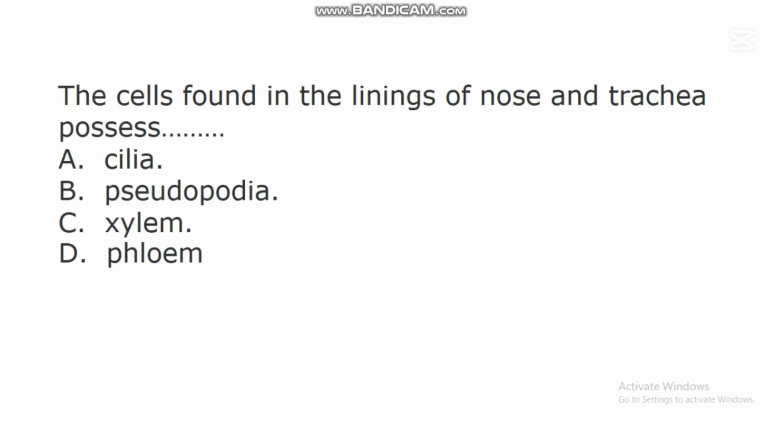The next question says, the cells found in the linings of nose and trachea possess dash: A. Cilia, B. Pseudopodia, C. Xylem, D. Phloem. In this question, the correct answer is A. Cilia. Studies have shown that the cells that are naturally found in the linings of nose and trachea possess cilia.